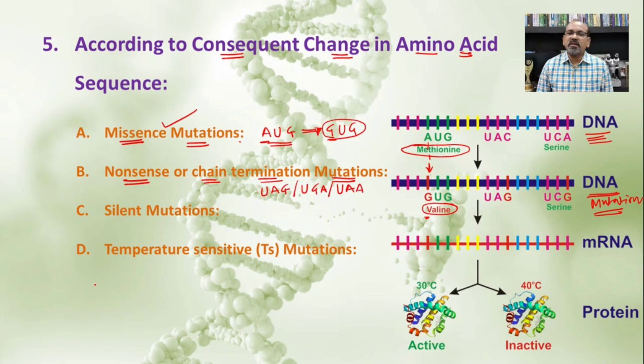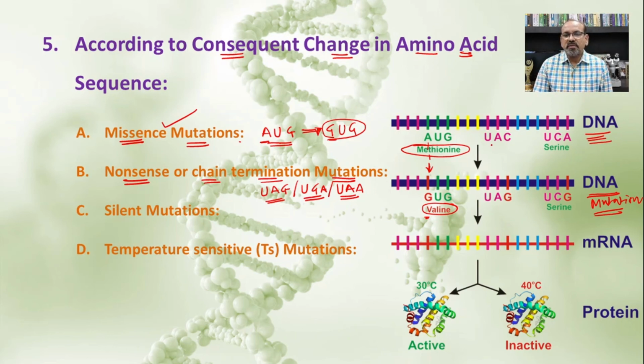We will see it in the lecture on the genetic code. So when any codon after the mutation converts into these nonsense codons, termination codons or stop codons, then that type of mutation is known as the nonsense or chain termination mutation.